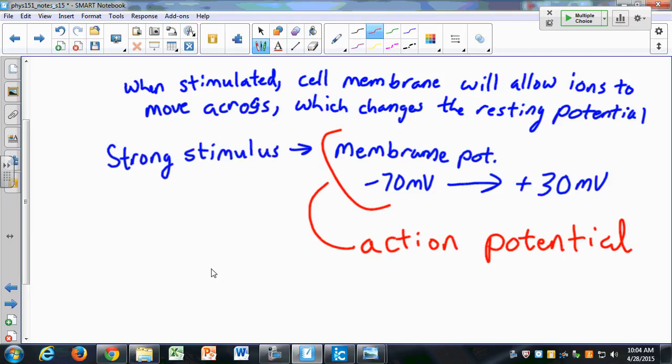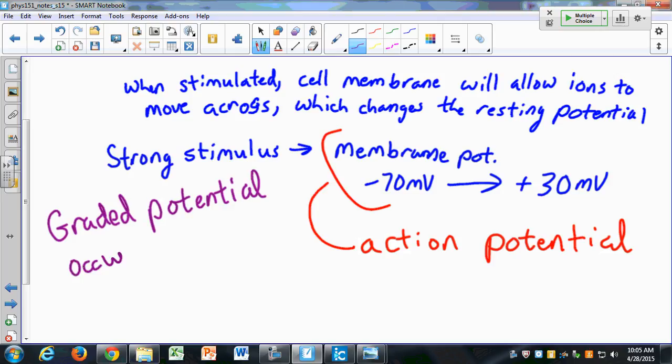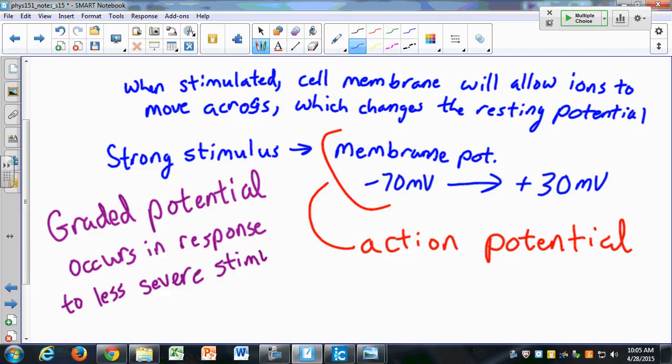You can also have a graded potential. And a graded potential occurs in response to less severe stimuli. This occurs much more slowly.